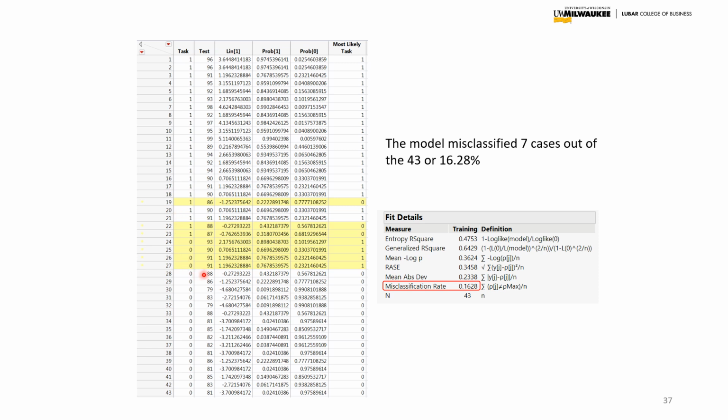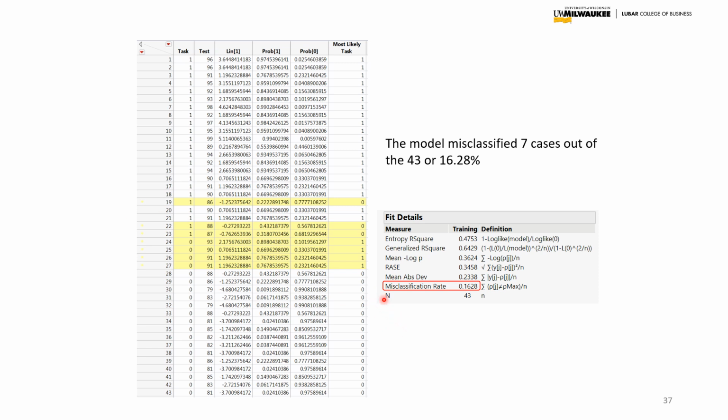Let's look down here. Here are some predicted probabilities that are greater than 0.5. JMP classified these individuals as being successful, but they turned out not to be successful. I've highlighted the mismatches. You'll see that there are 7 cases out of the total of 43 that were misclassified, thus a 16.28% misclassification rate.